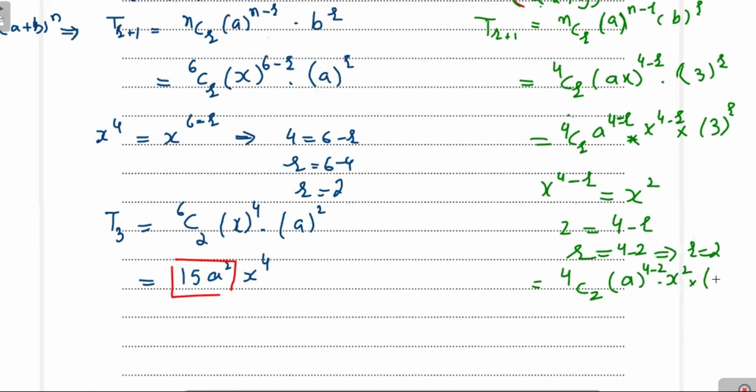Now 3 power r is 3 power 2, 4C2 is equal to 6, a power 4 minus 2 is a square, 3 power 2 is 9, and x square, and that value is 9 times 6 is 54 a square into x square. Therefore 54 a square is the coefficient of x square.